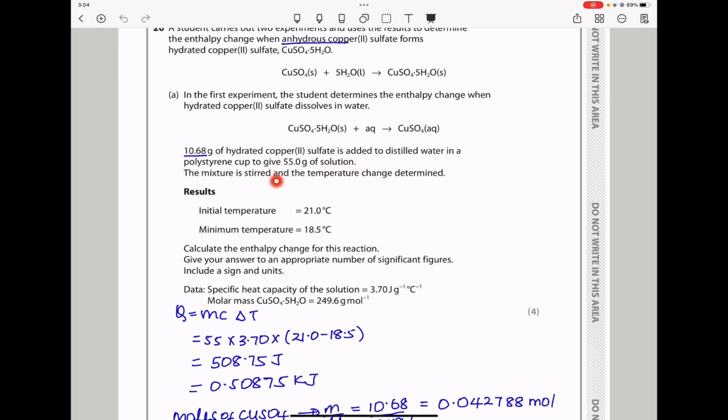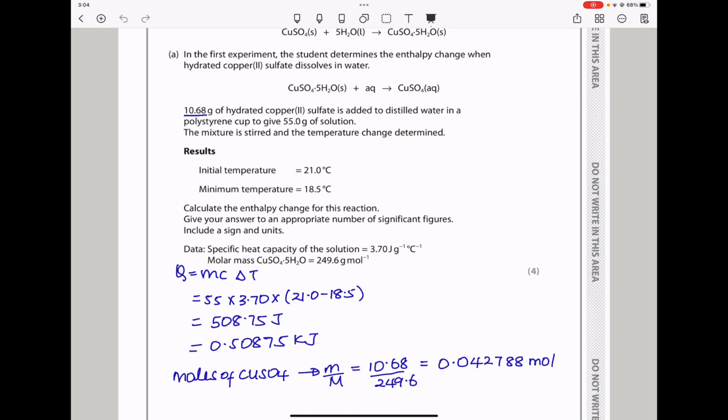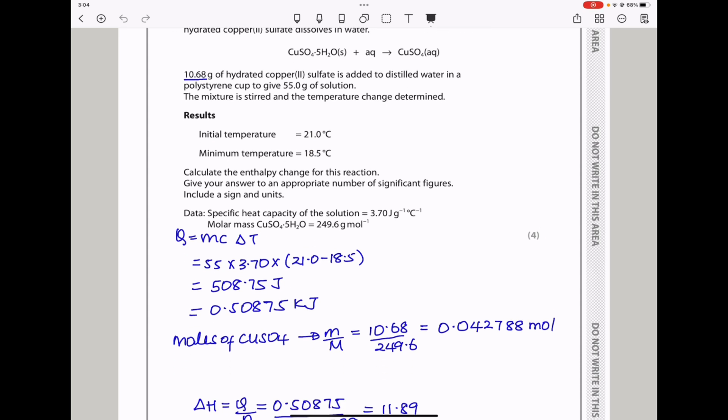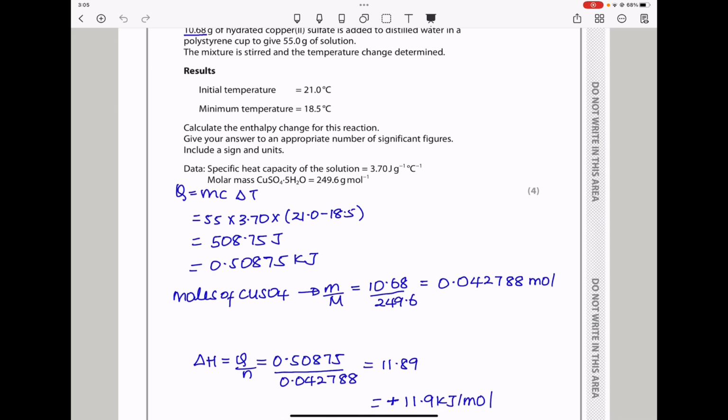The mixture is stirred and the temperature change determined. The results are: initial temperature is 21 degrees Celsius and the minimum temperature is 18.5. So this is an endothermic reaction because the temperature decreased. They say calculate the enthalpy change for this reaction. Give your answer to an appropriate number of significant figures and include a sign and units.